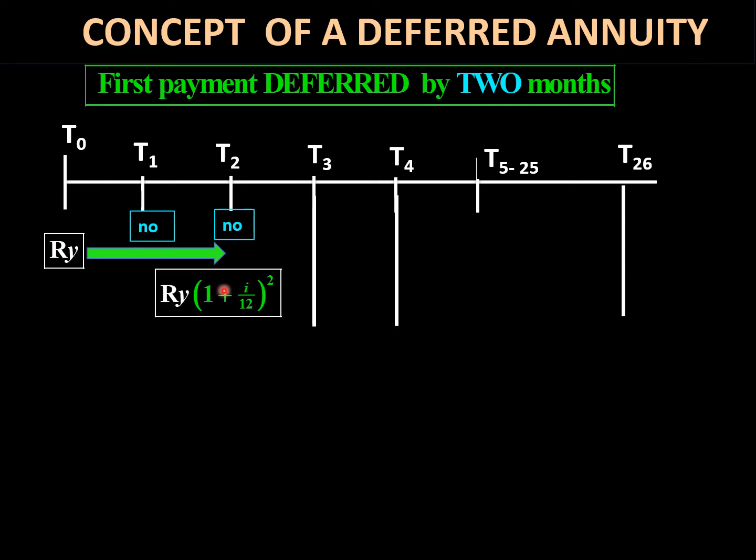And for how many months? There's 2 months that it's growing, because you normally would have 1 month at the end of the first month. So there's that little gap that we have there. So it is compounded for 2 payment periods, and then your payment starts at the end of the third month, the end of the fourth, and so on, until you come to the 26 there.